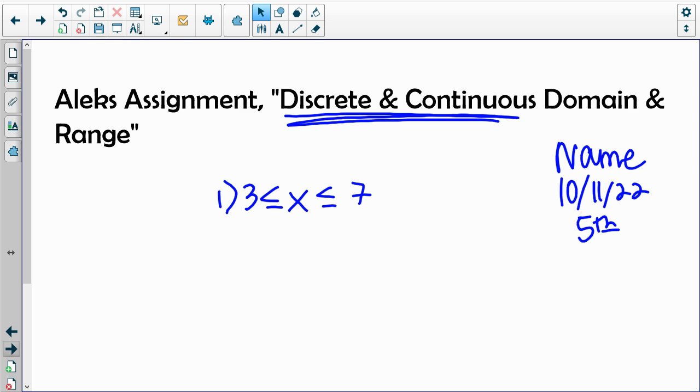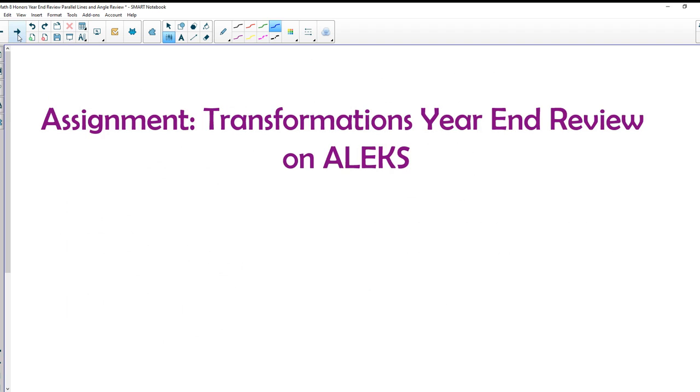I'm going to come around and grab the check mark for your portion on the paper. And then you will just take a picture of the Alex portion and turn that in on Canvas. Okay, transformations.